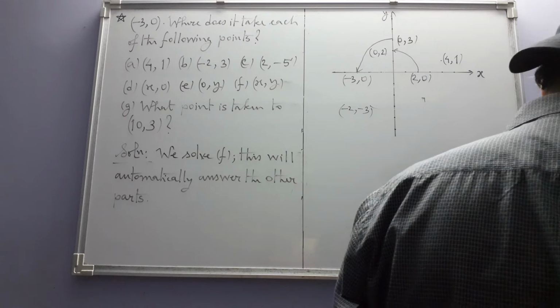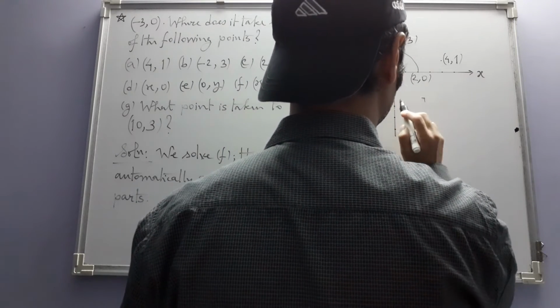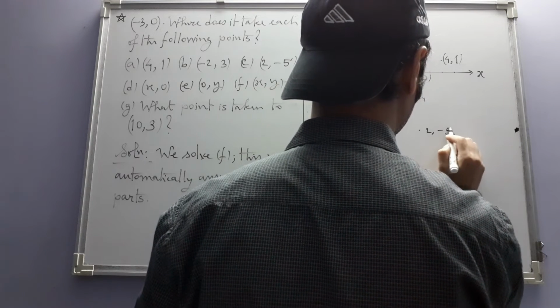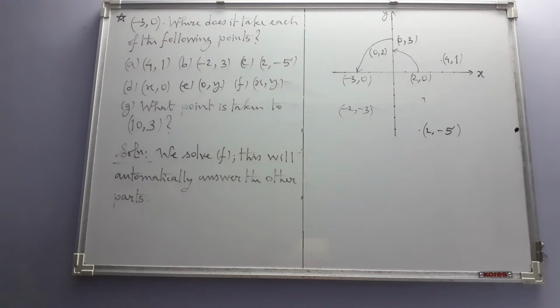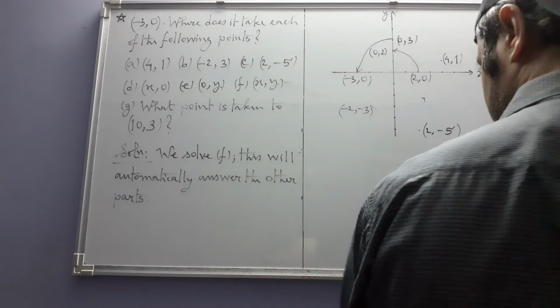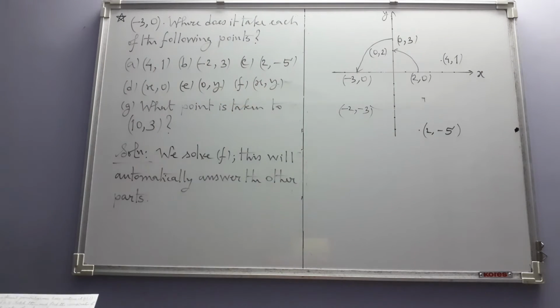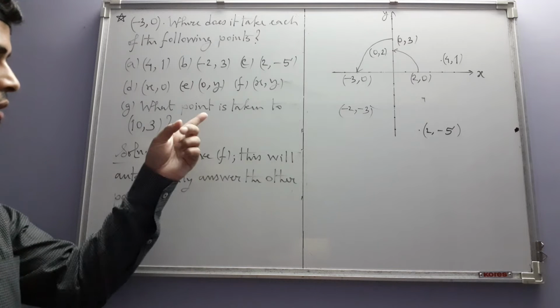And they have shown many points, 2 comma minus 5 or 5. Okay, so we are saying that we are going to solve f.